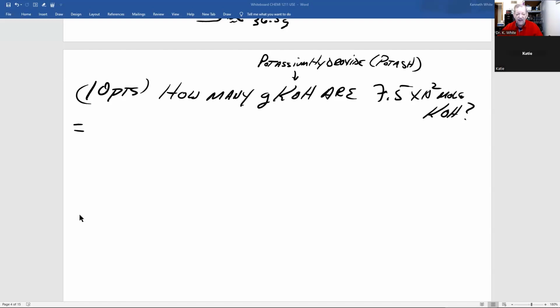What are you being asked to find? How many grams of KOH? So we're trying to find grams of potassium hydroxide, KOH. What are we given? 7.5 times 10 squared moles of KOH.